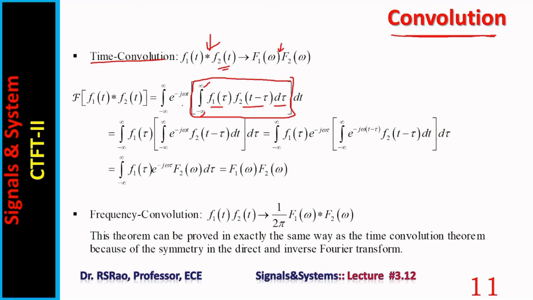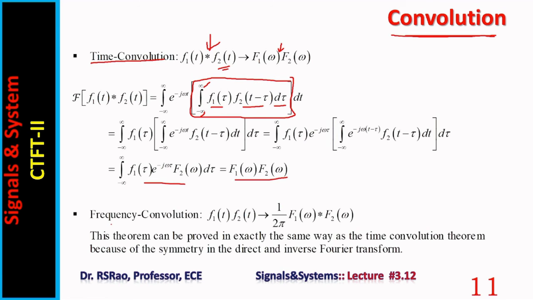The remaining is the forward Fourier transform definition. Now there are two integrations. This can be manipulated and found to be the product of two functions F1(ω), F2(ω). F1(ω) is the Fourier transform of f1(t), F2(ω) is the Fourier transform of f2(t).